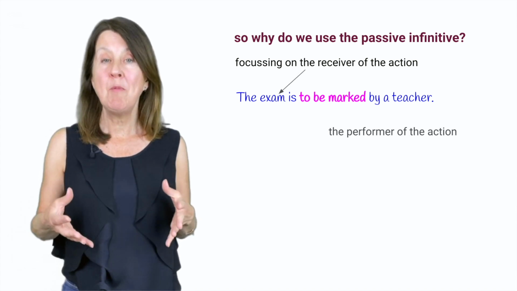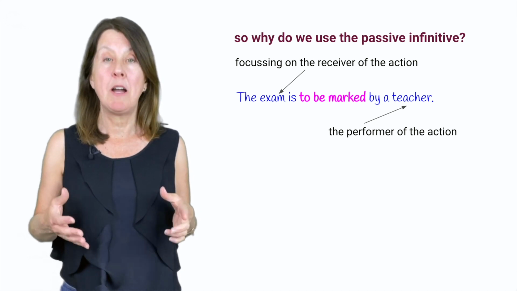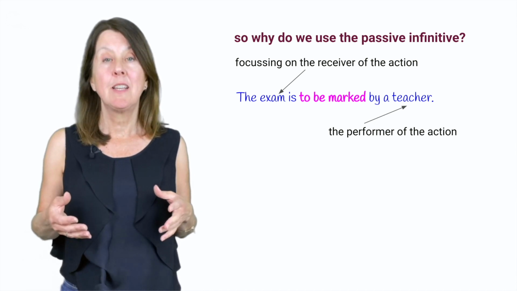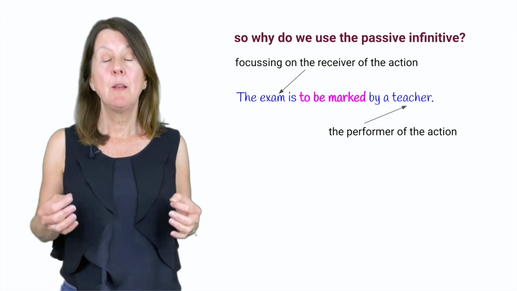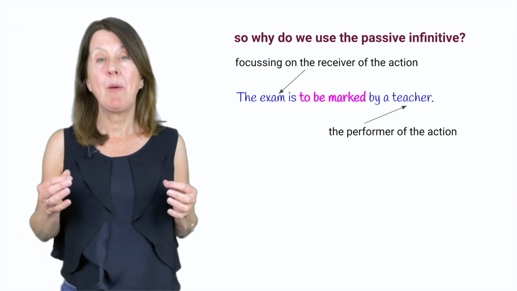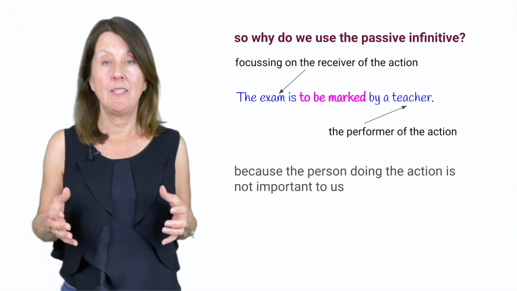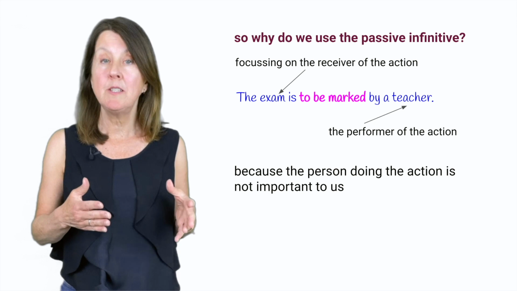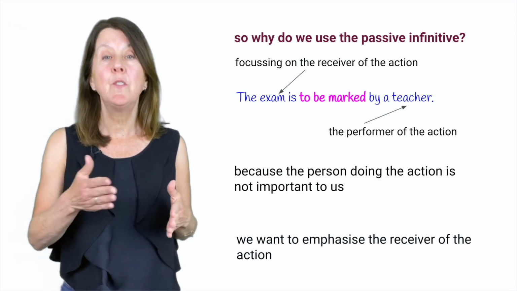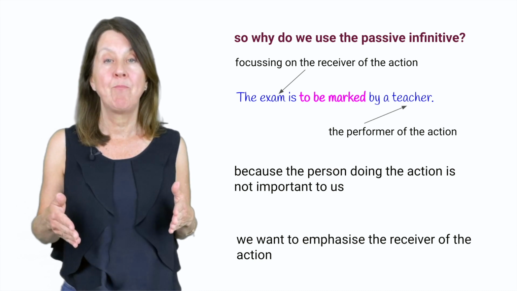The performer of the action, here the teacher, is identified by, but as with all passives, sometimes this is not stated. We use the passive infinitive here because the person doing the action is either not important to us, or we want to emphasize the receiver of the action, here the exam.